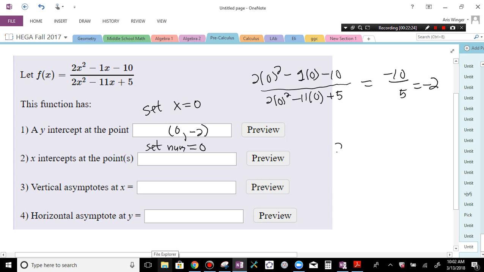So we're talking about 2x squared minus x minus 10 is equal to 0, and here you just got to factor. You got to try stuff out. 2x, x, minus 5, plus 2.